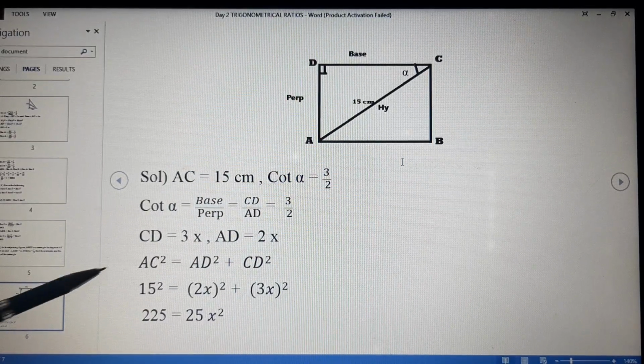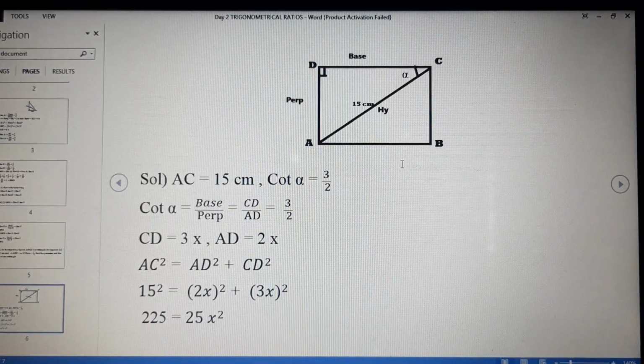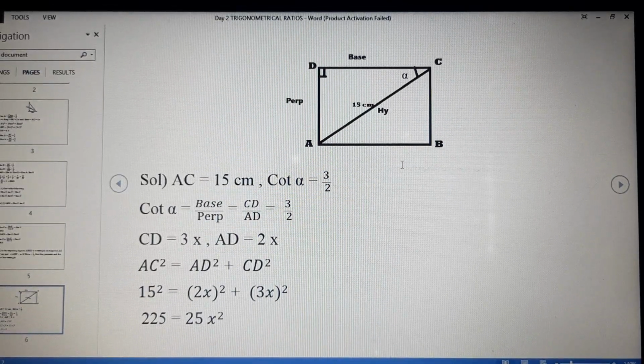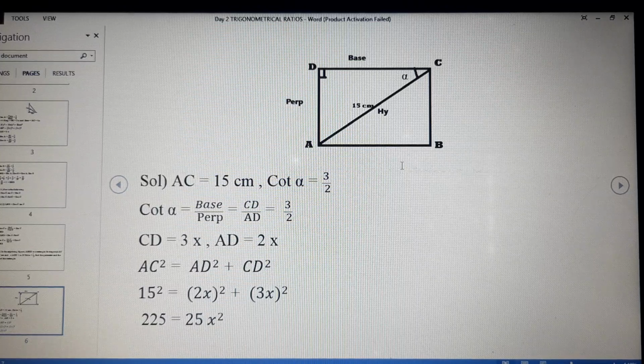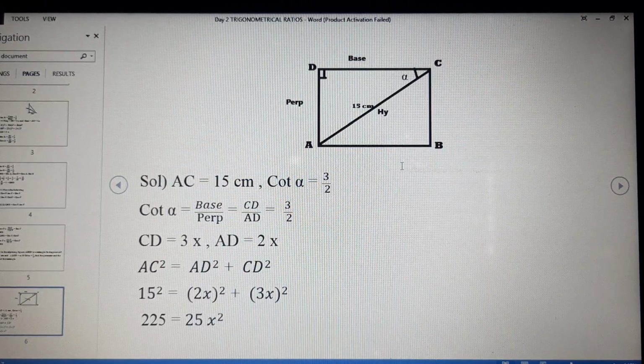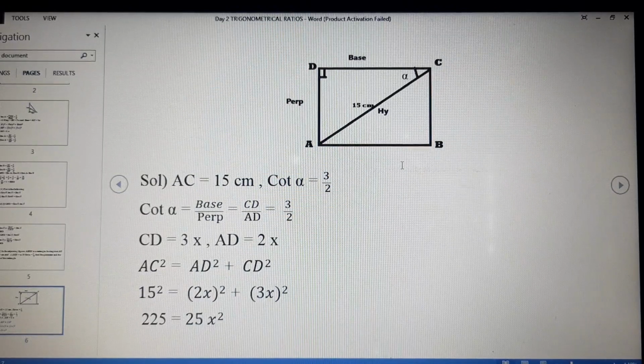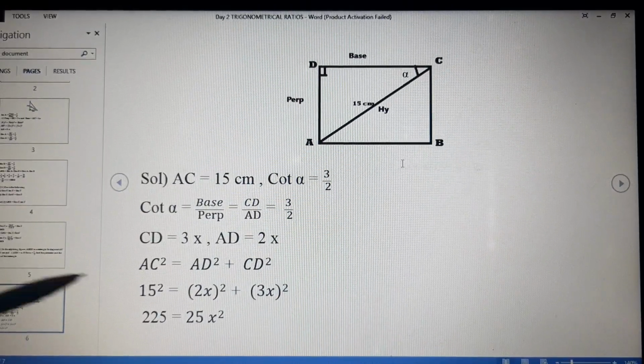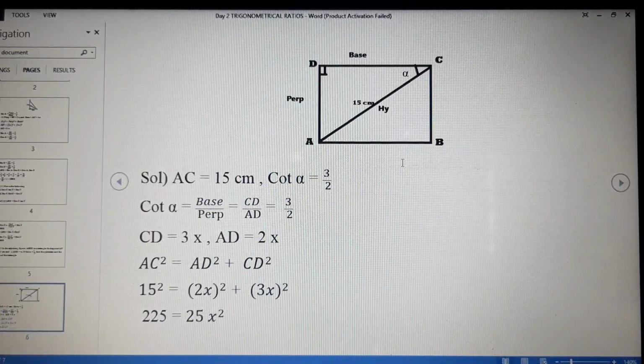So AC square is equal to AD square plus CD square. AC is given 15. So 15 square is equal to AD, which we have assumed as 2x, square plus 3x square. So this becomes 2 2s are 4x square plus 3 3s are 9x square. Okay, so it becomes 25x square and 15 square is 225.